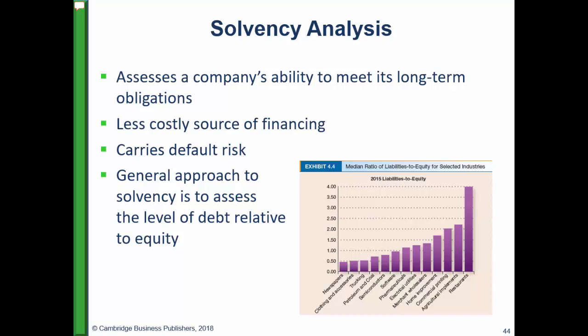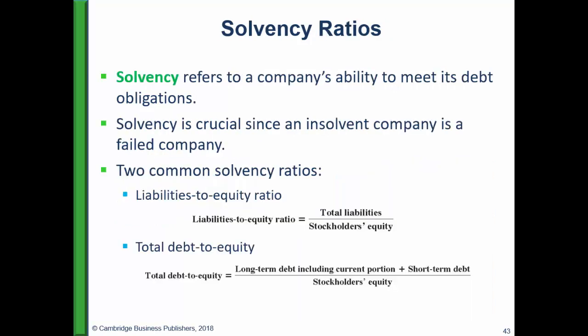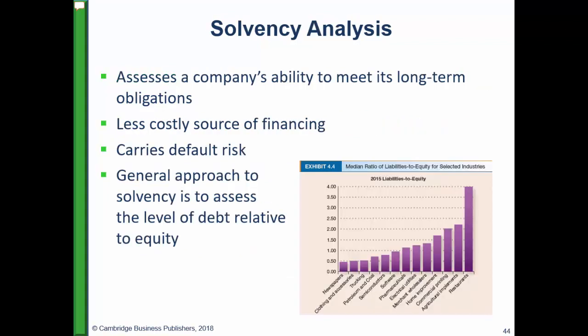As I said before, I think the liabilities to equity ratio is a little confusing. Around 1 means that they have equal liabilities to equity. I prefer the liabilities to asset ratio, the debt to asset ratio, but that's not what the book uses, so we're going to go with the book here.